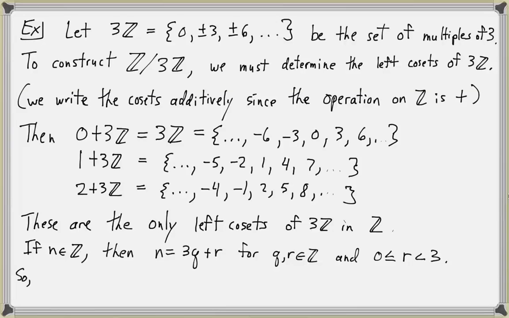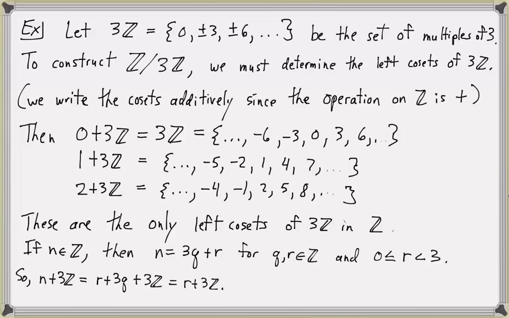So if we add n to 3Z, that's the same as adding r plus 3q to 3Z, but since 3q is a multiple of 3, it's absorbed by the subgroup 3Z, so this equals r plus 3Z, and we see that this equals one of the 3 cosets we've already listed.